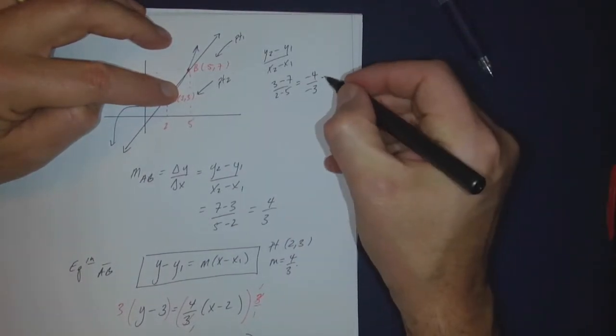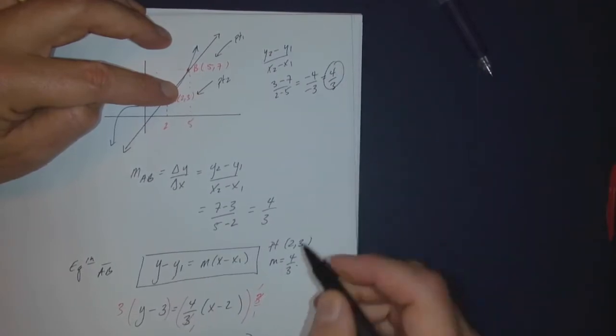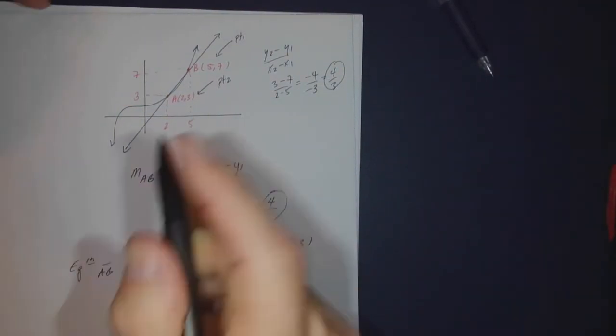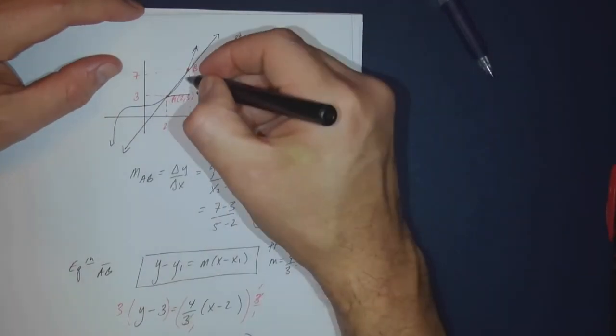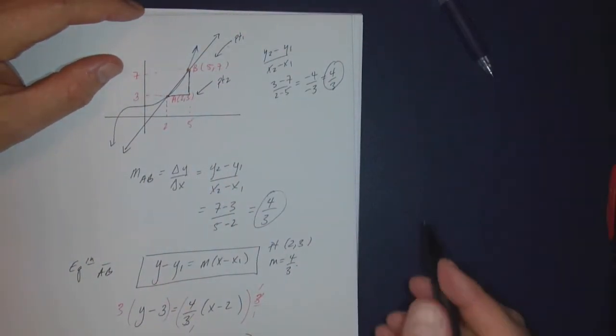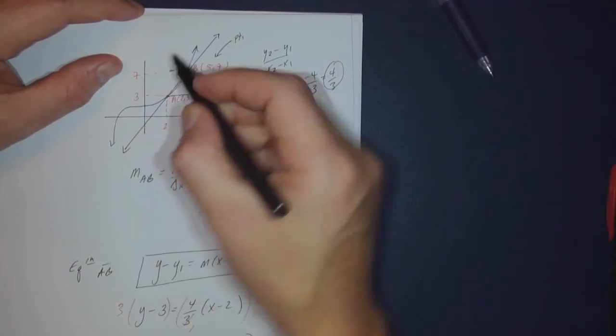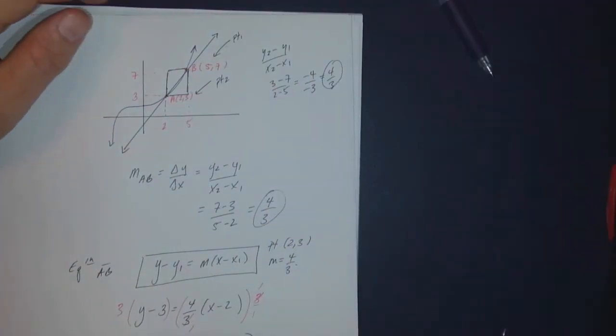You notice that negatives will cancel each other out, and we end up with the same slope. And that's because the slope is going to be rise over run. So if I take my run this way to be positive, then my rise is positive. If I take my run to be negative, then my rise is negative, and everything works out just lovely.